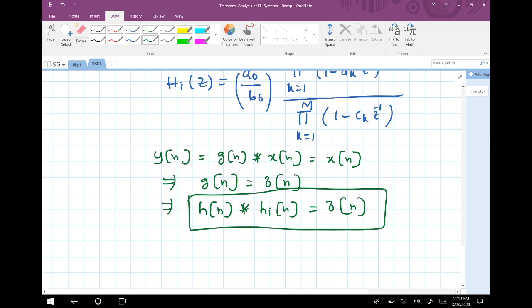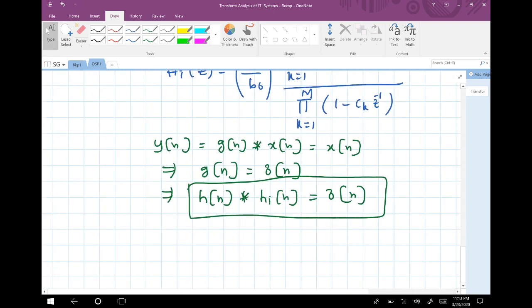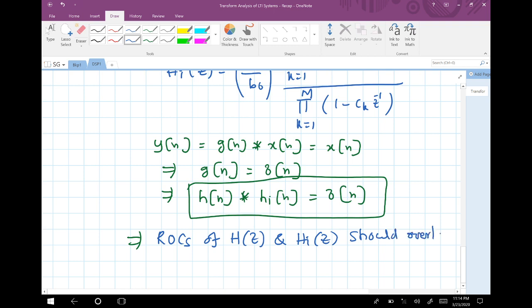So the only constraint in terms of the ROCs of h of z and hi of z is that the ROCs should overlap. That's what we get once we do this time domain analysis. This is how it's easy to look at what the ROCs should be.